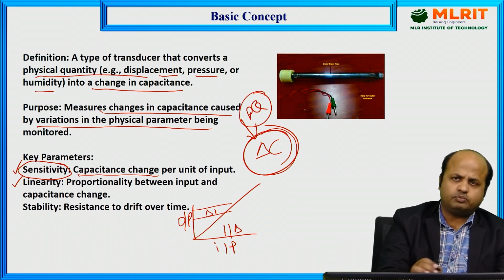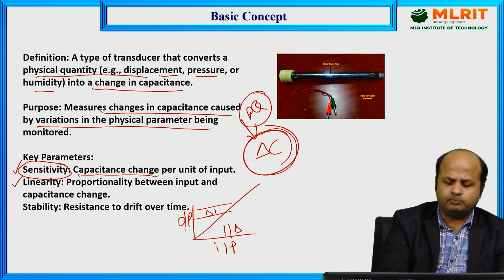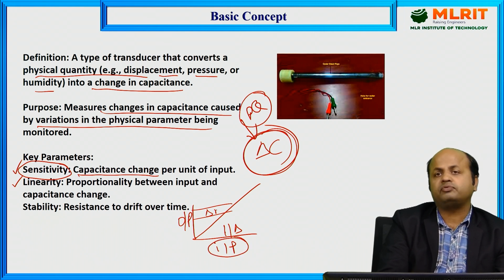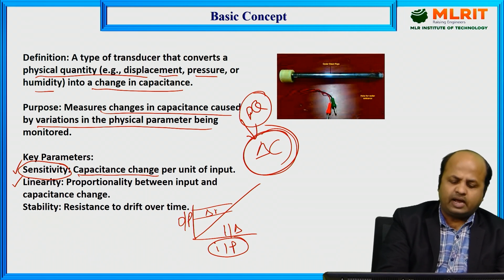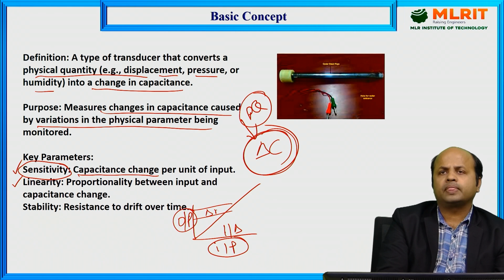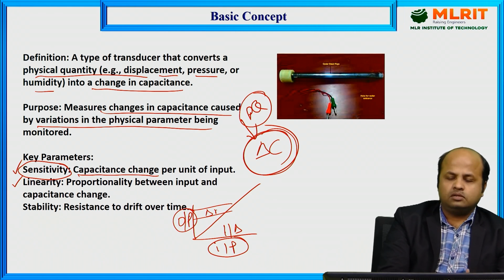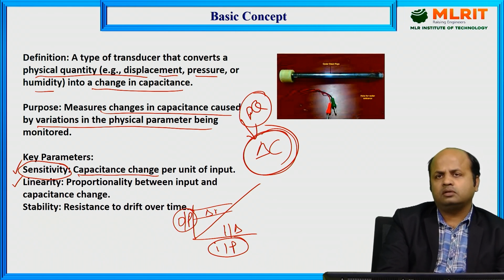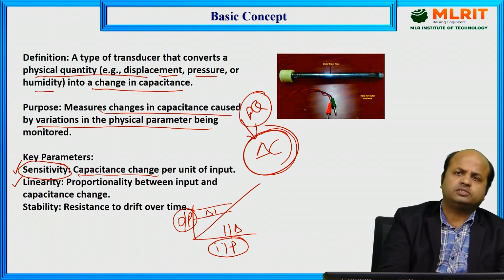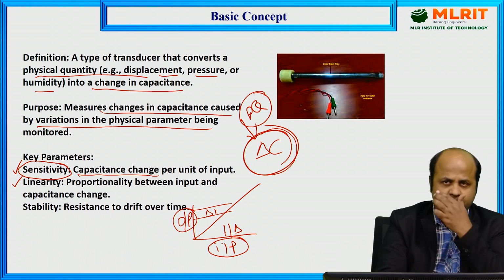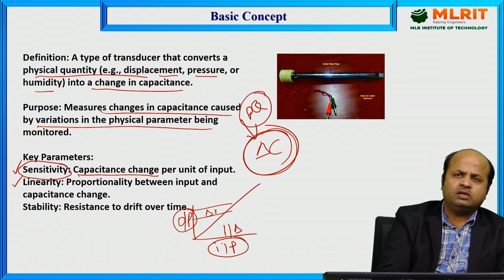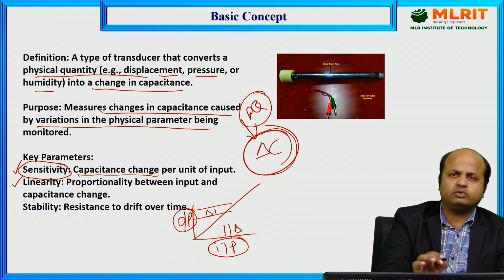Whenever we construct a capacitive transducer, there should be a perfect linear relationship between the input and the output. Input here denotes physical quantities like pressure, displacement, humidity, etc., and output denotes the change in capacitance. Then only can we say that the capacitive transducer will work satisfactorily. Otherwise, it will show some error.